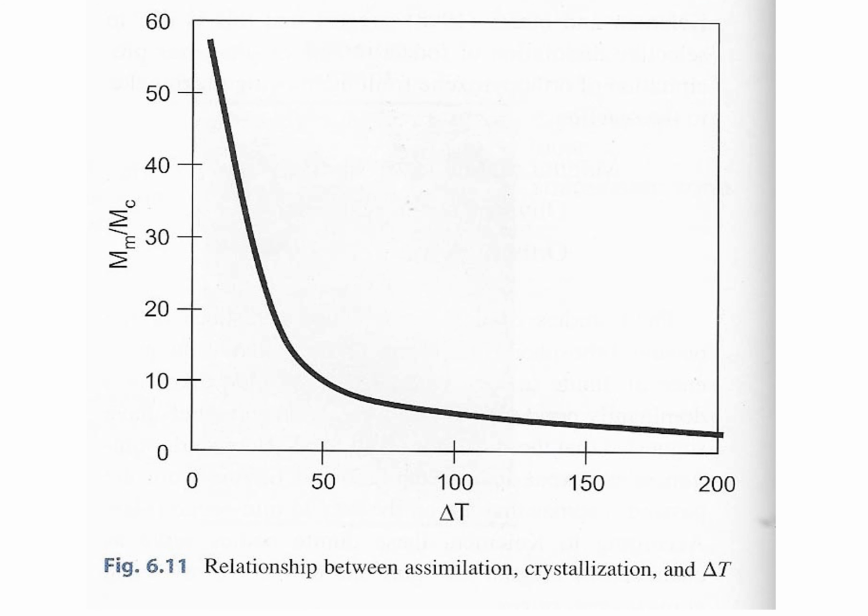So here we have now the relationship between assimilation, crystallization, and the delta T, which is the temperature difference between 0 and 200, seen on the x-axis, and here we have the melt relationship, that is melt, and that is the crystallization.